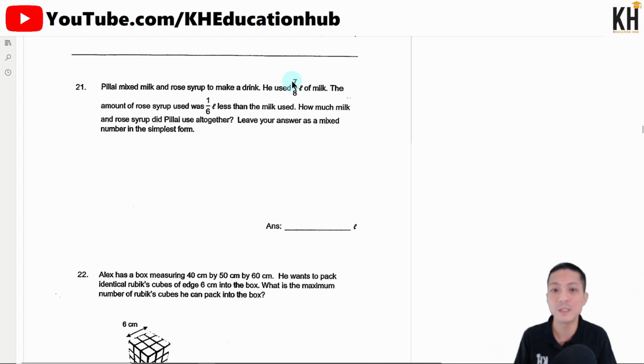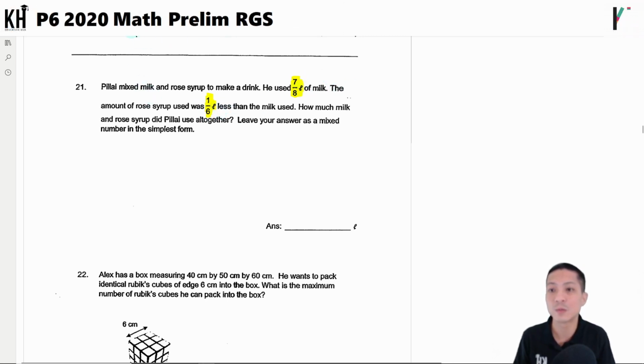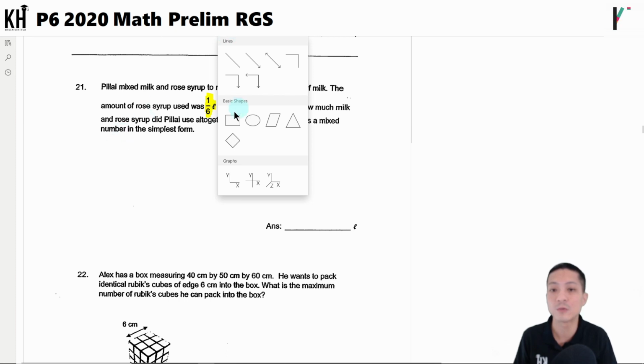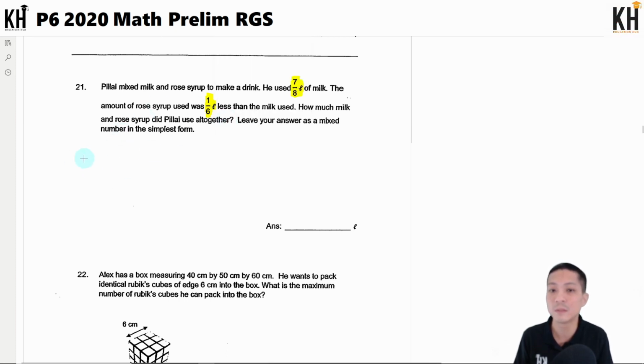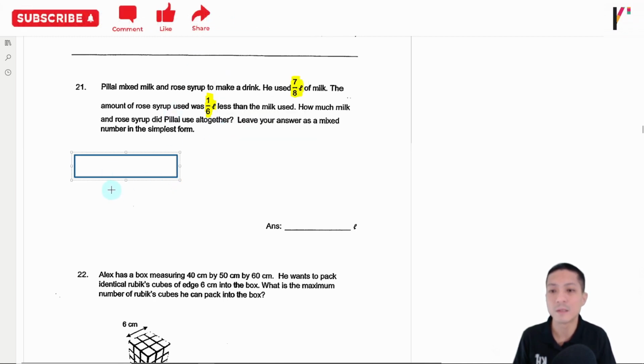When you see this, remember this is not a fraction, this is a certain amount of milk because there is a unit beside it. 7/8 liters and 1/6 liters. We're going to first try to draw a simple model. This one is for the milk, and the rose syrup will be 1/6 liters less.